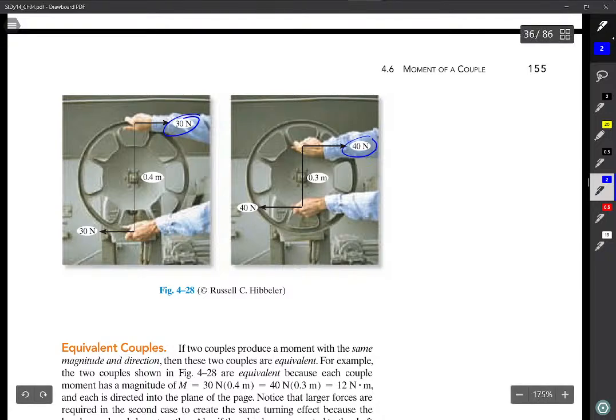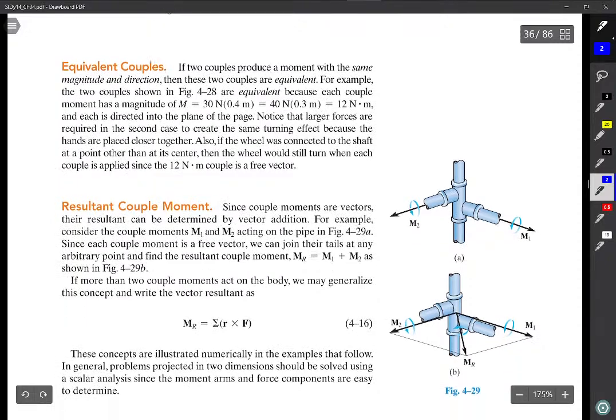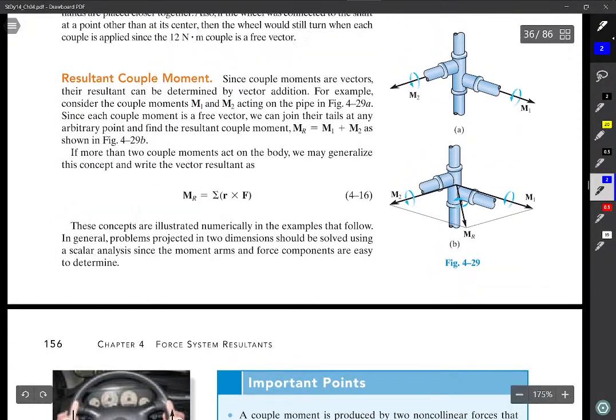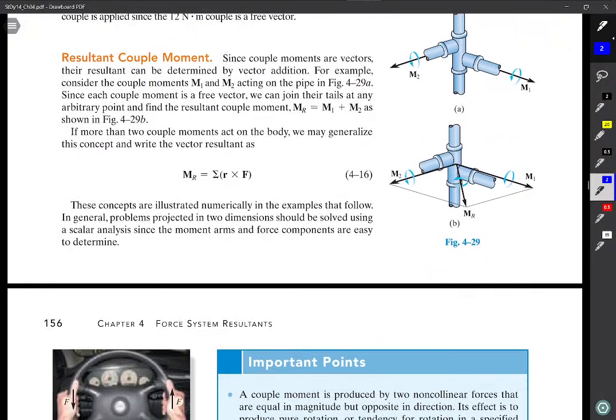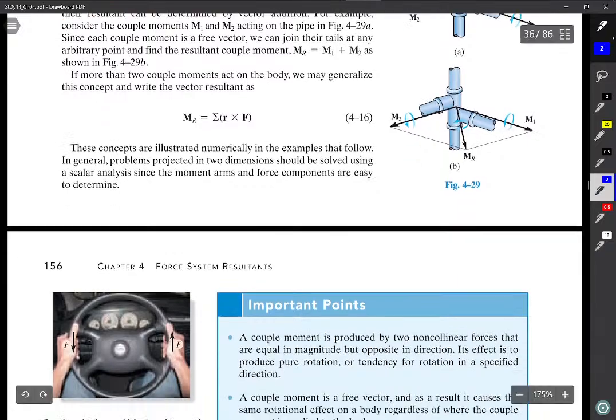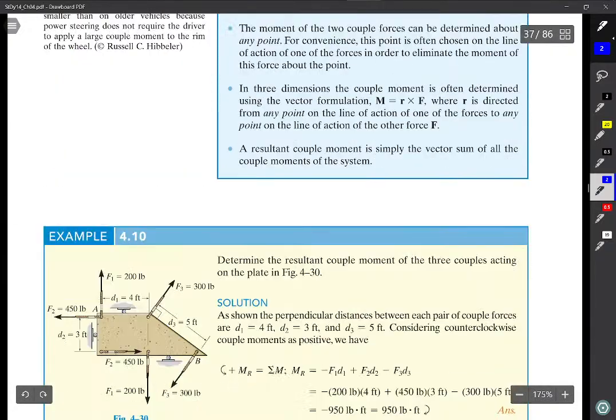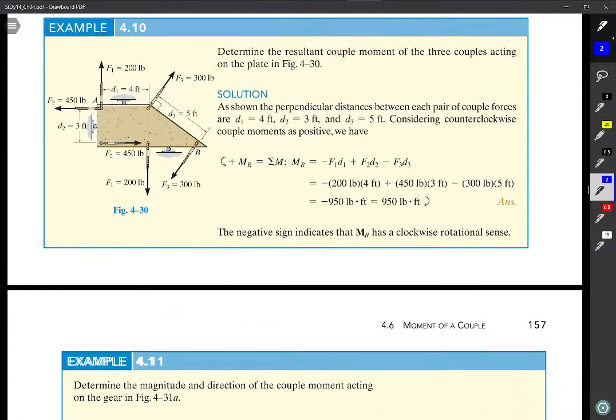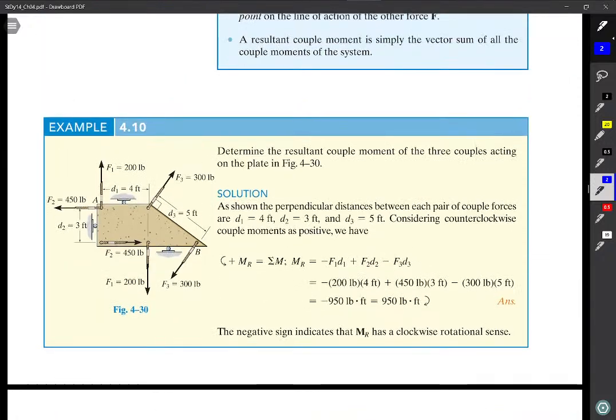This is 30, that's 40, this is 3, that's 0.4. So that's essentially the same. So essentially, everything in these problems, you look for an opposing force at a distance.